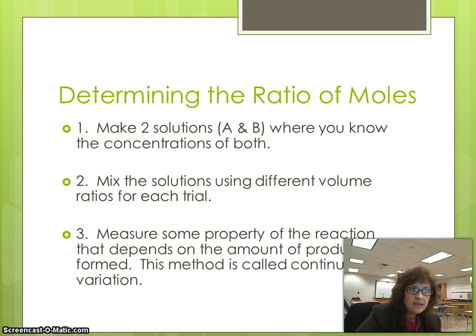Then you're going to measure some kind of reaction. You're going to measure either the amount of heat that's given off, or the amount of gas that's given off, or how much precipitate is made for each trial. This method is called continuous variation.